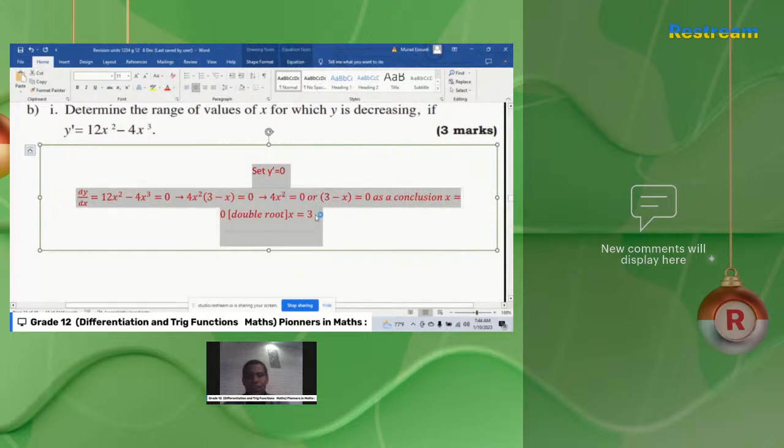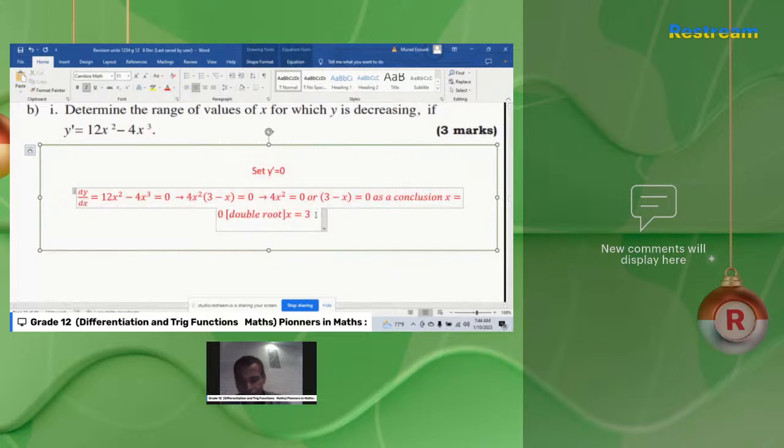As a conclusion, the stationary points occur here at x equals 0 and x equals 3.